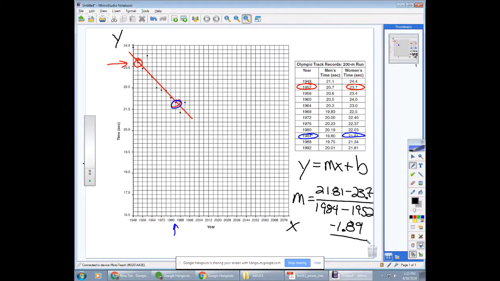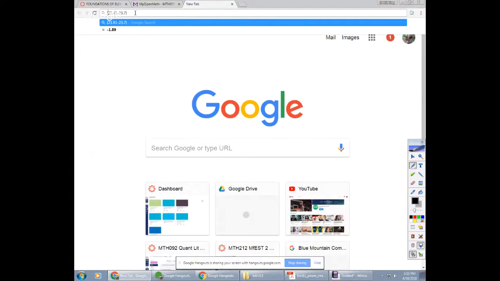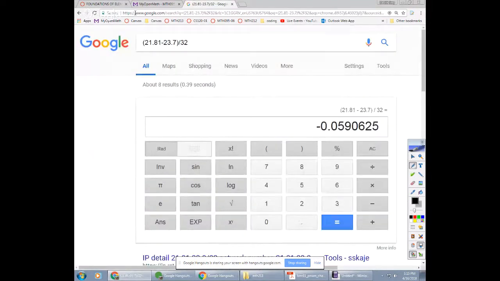Help me out with my subtraction here. 32? 32? Yeah, so my denominator is 32. And we could clean that up further by just finding that as the decimal. Divide that difference right there by 32 years, and I get a slope of negative 0.059-ish.